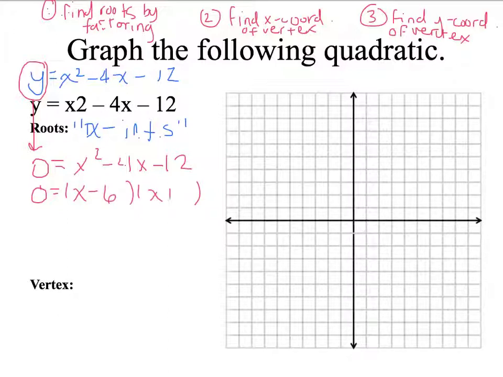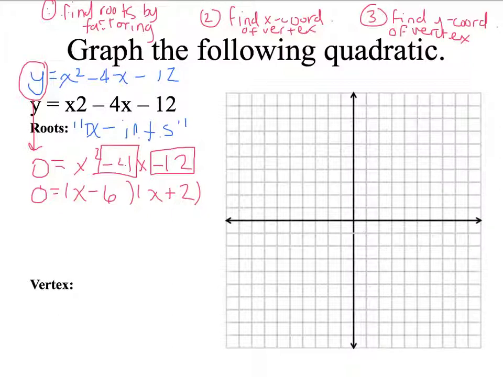But when you go through that, you're going to get x minus 6 times the quantity x plus 2. If you don't know where I got those, go try your chubby cheeks, or go try your AC method, whatever method your teacher uses. The basic idea is you need two numbers that multiply together to equal negative 12 and add together to equal negative 4.